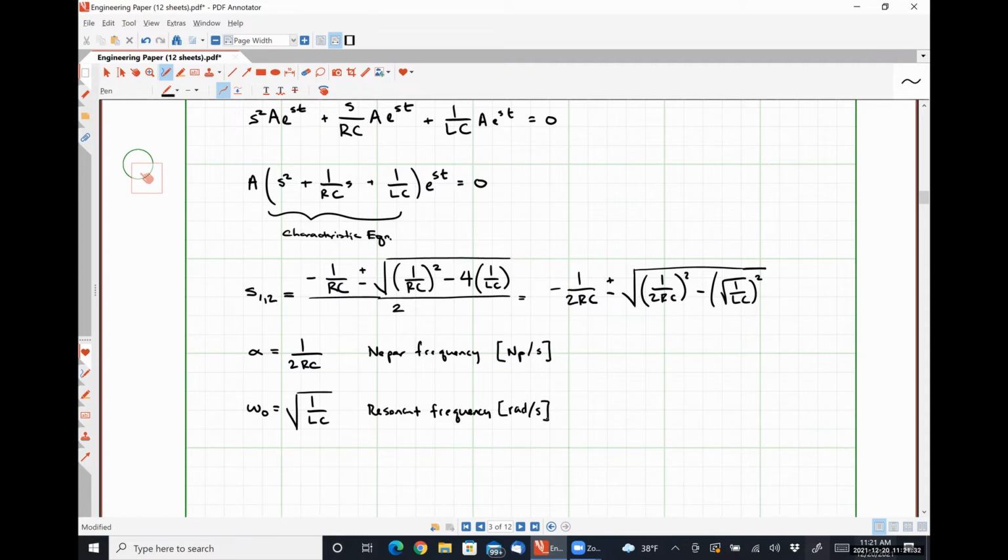So if we had a steady state sinusoidal system, the resonant frequency would be the frequency at which the impedance of our network is purely real. So all of the capacitive reactance would be exactly canceled out by the inductive reactance. And if we were looking at this circuit, we'd find that that is exactly what would happen, okay?